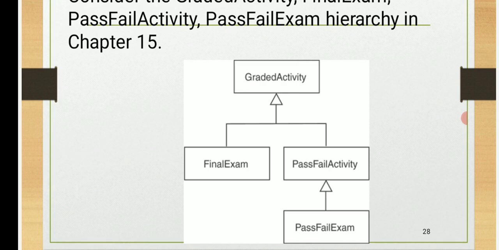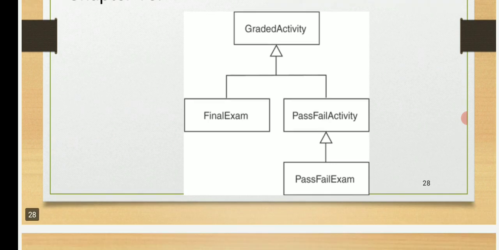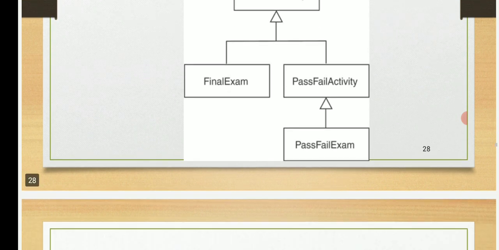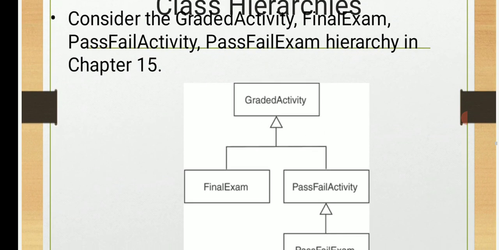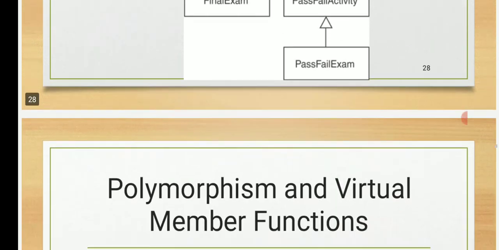Pass fail activity is one more derived class that has the features of graded activity. Again I am creating one more derived class, pass fail exam. It will be derived from pass fail activity. So this is a hierarchy, right? This is a class hierarchy, an example program.